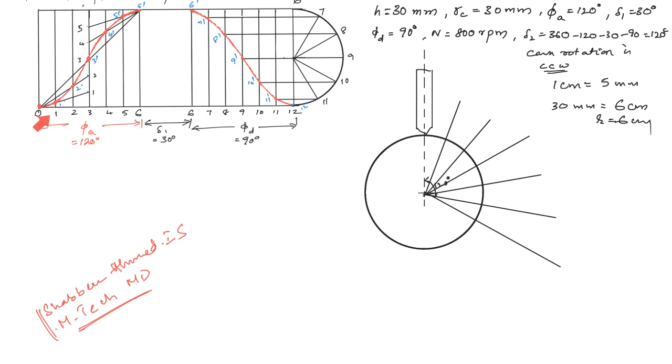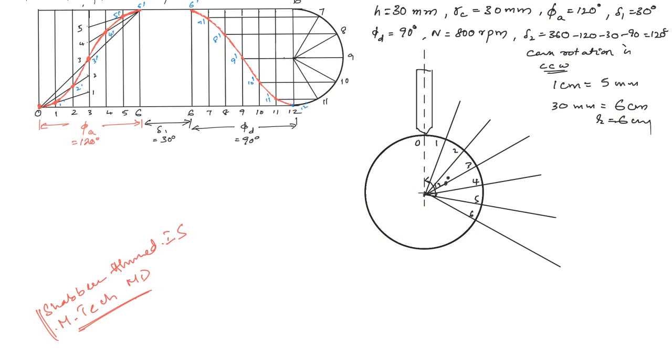Now we will mark the same numbers which we have marked in the displacement diagram. We divided the displacement diagram for ascent into 6 equal parts numbered 0 to 6, so we use the same values here: 0, 1, 2, 3, 4, 5 and 6.